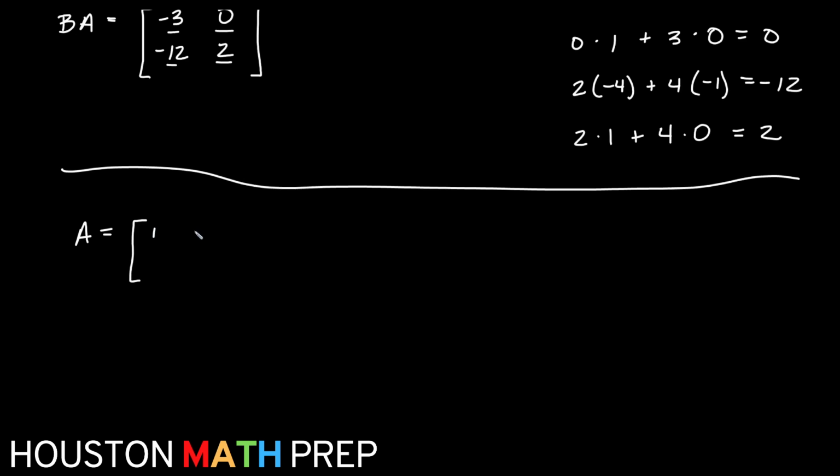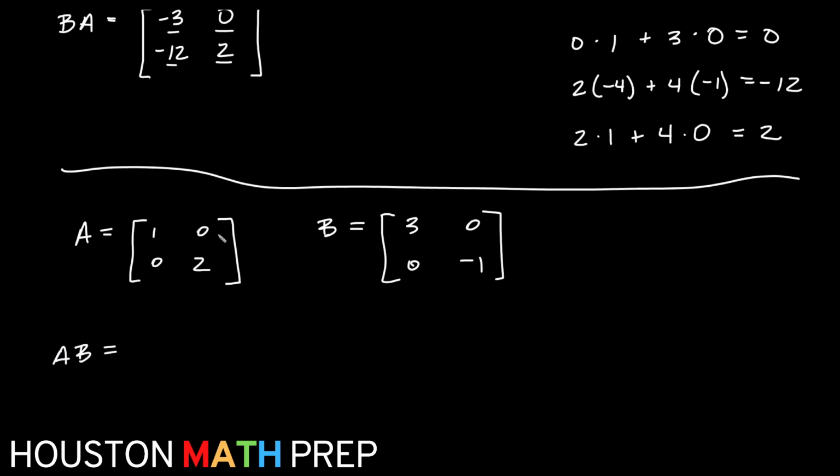Let's say we have a matrix A that is 1, 0, 0, 2 maybe, and a matrix B, let's go with something like 3, 0, 0, negative 1. Okay, so if we do matrix A times B here, 2 by 2 times 2 by 2, of course, it's going to be 2 by 2. I'm going to move a little more quickly through this, since we're just seeing the point here. So 1, 0 times 3, 0 is going to give us 3.